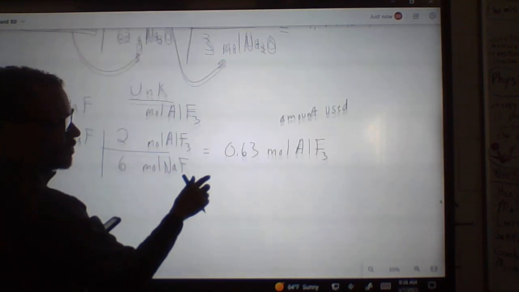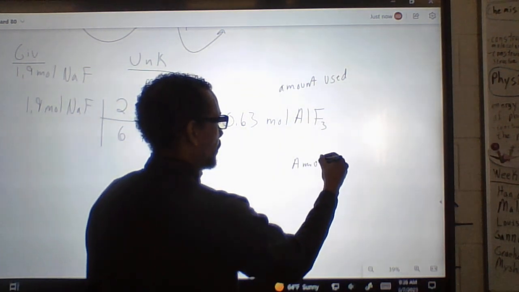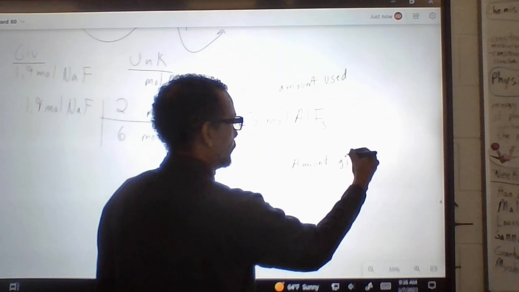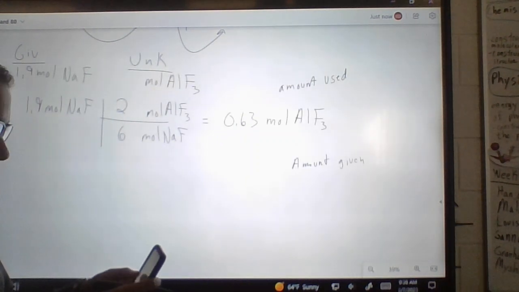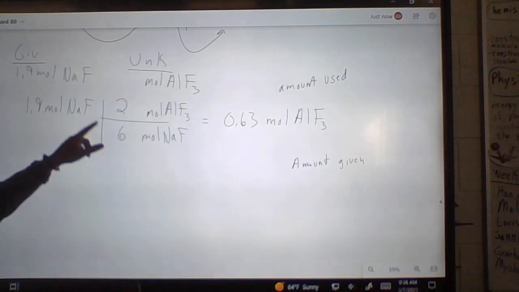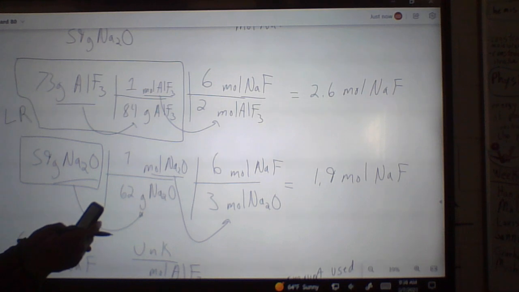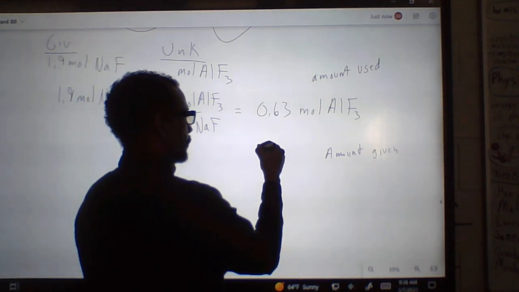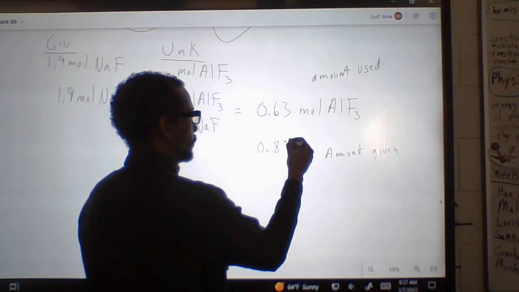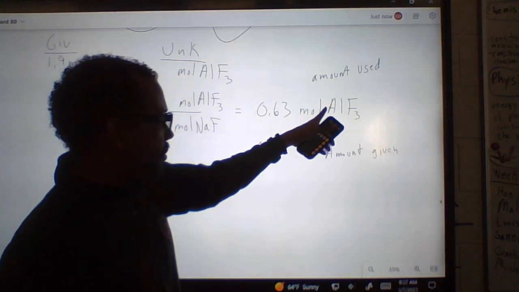So now amount used versus the amount given. So this would be 0.87. Okay, and then, so this is the amount that we used in the reaction.